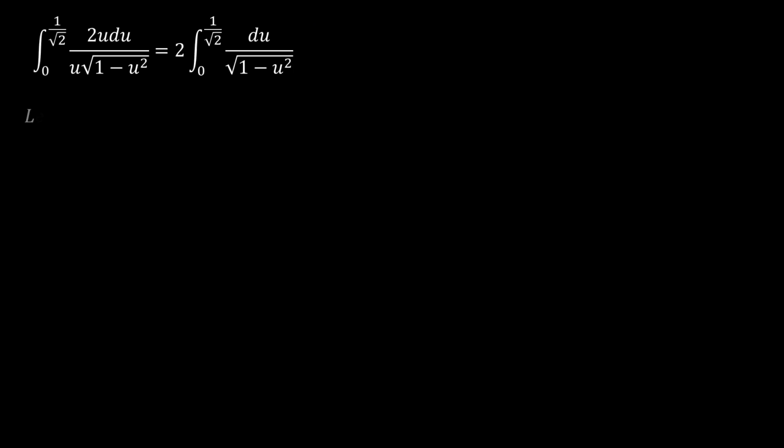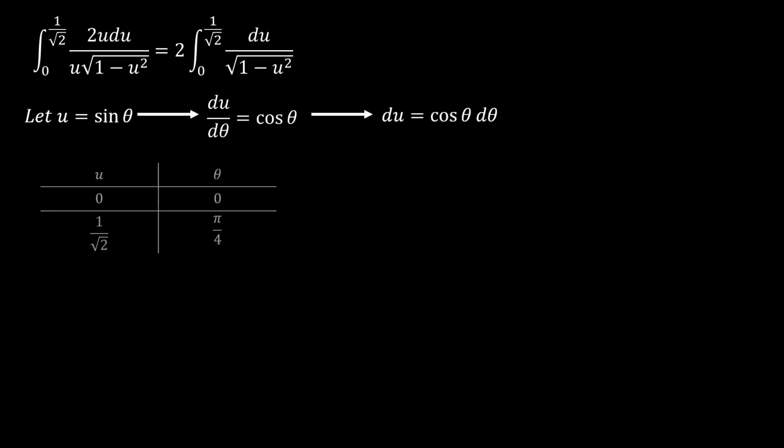And so now we can substitute for u with sine theta, and therefore du d theta is cosine theta, and therefore we can substitute for du with cosine theta d theta. Looking at the limits, when u equals 0, the arcsine of 0 is 0. The arcsine of 1 over square root of 2 will be pi over 4.